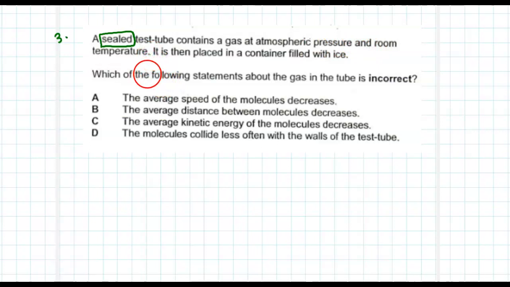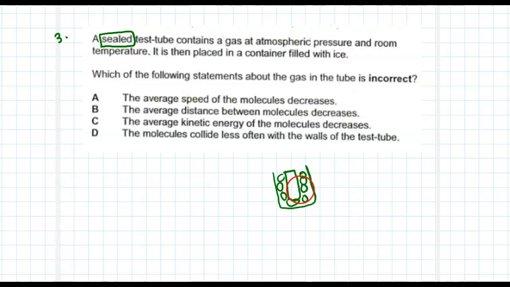Room temperature means the temperature is constant. It is then placed in a container filled with ice. When you place the sealed test tube in the container filled with ice cubes, what happens now?